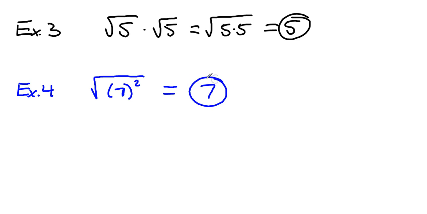So you can just get 7. And they may actually write it two different ways. Either way, if you've got a square and a square root, they're going to cancel each other out and you get just the number that's there. So that's one where there's a little bit of a shortcut to get you through that one.